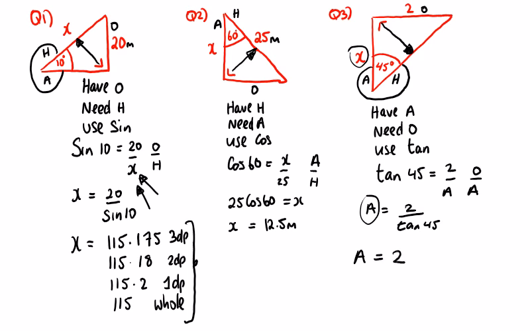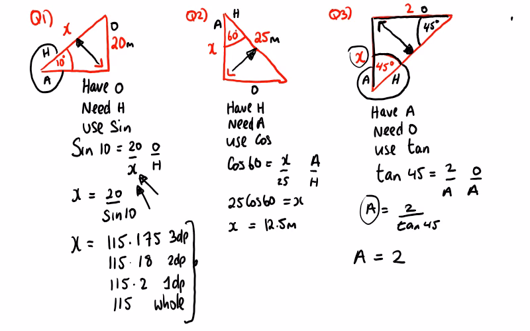Now, how is it the same? How is this 2 and this 2? So this is just going to introduce something to you now. If this angle is 45 and this angle is 90, this one and the 45 have to add up to 90. So this is 45 too.